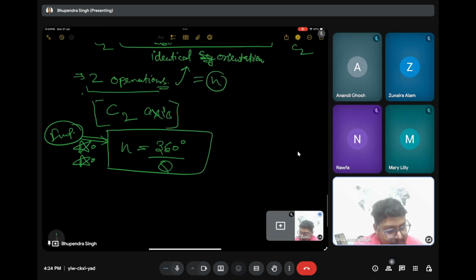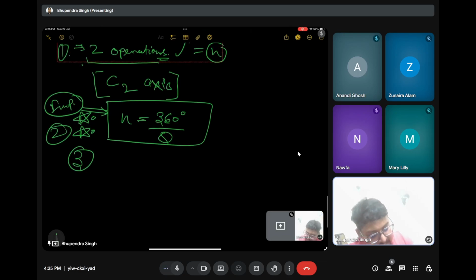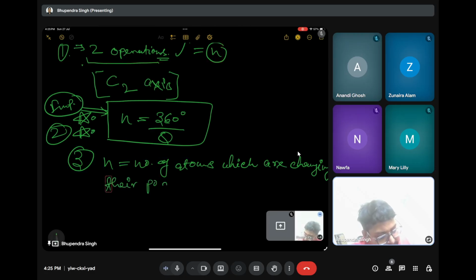One more thing: n can also be calculated by the number of atoms which are changing their position upon rotation.